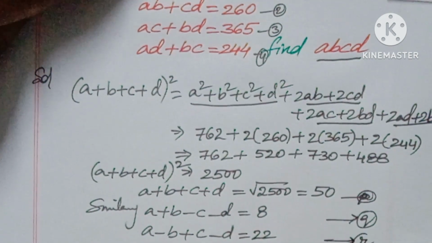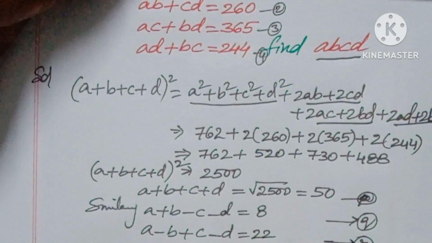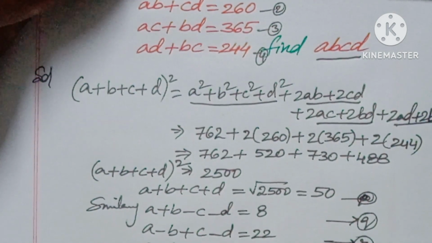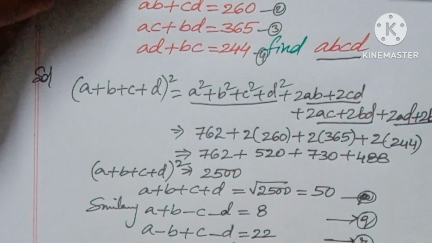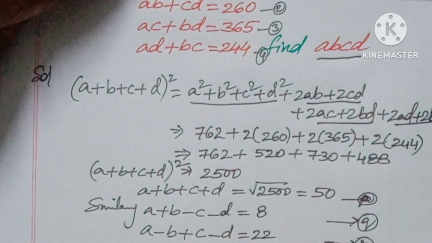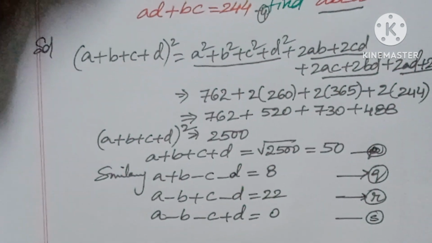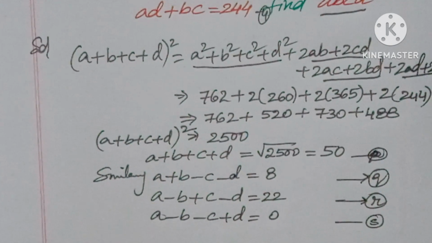Let it be r. And the last one, a minus b minus c plus d is equal to 0. Let it be s. P, Q, R, S, we are getting the equations.